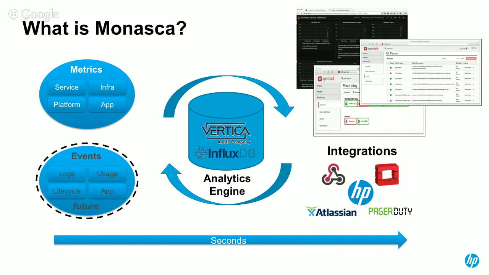Our backend, we have two choices right now: either InfluxDB, which is the open source data store, or Vertica. Vertica is the HP commercial version that's available. The Vertica one's community, so you can go download Vertica community and use it. Those are your two choices, and it's a config time option, so if you want to choose one or the other, you can do that at config time.